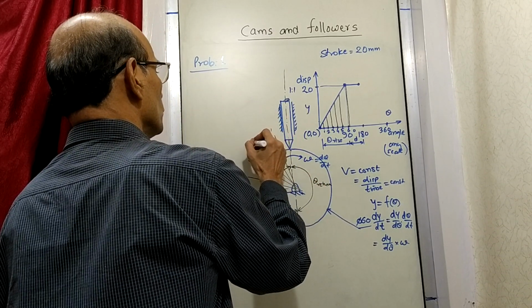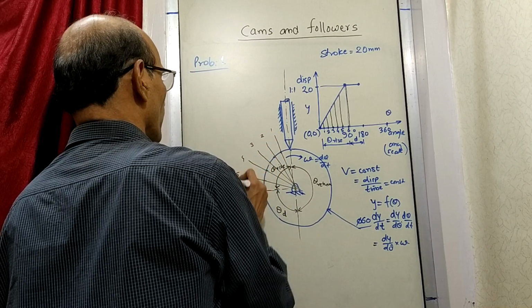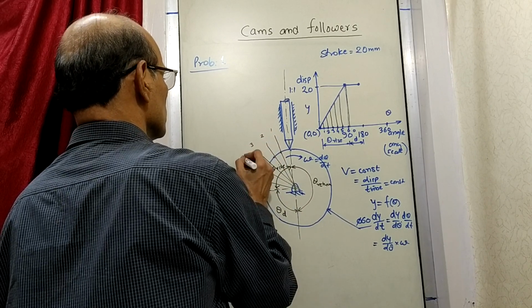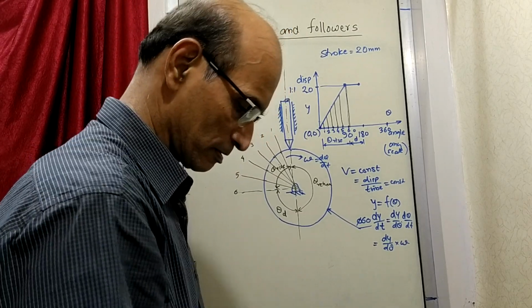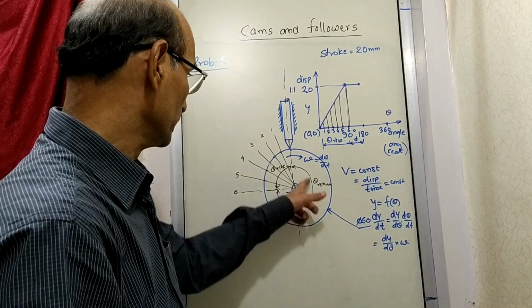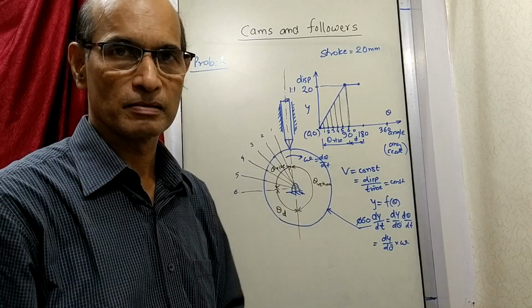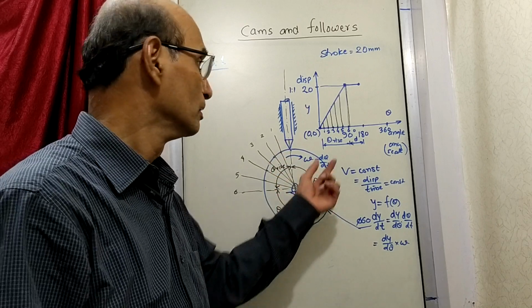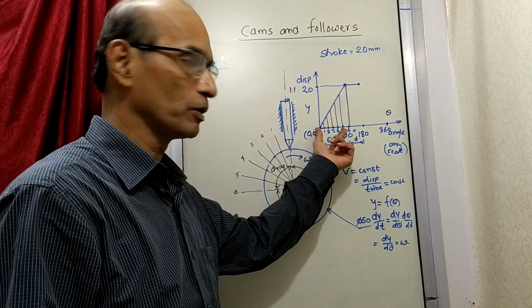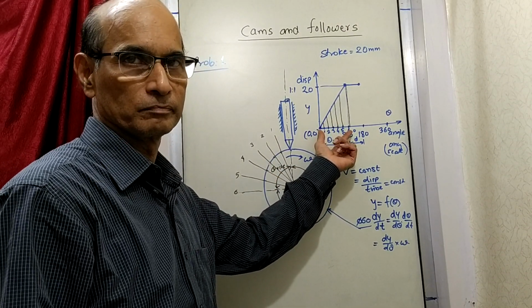One, two, three, 4, 5 and 6. So theta rise angle is divided into 6 parts. It can be any number of parts, but whatever number of parts you divide the angle, the same number of parts you have to divide this length.